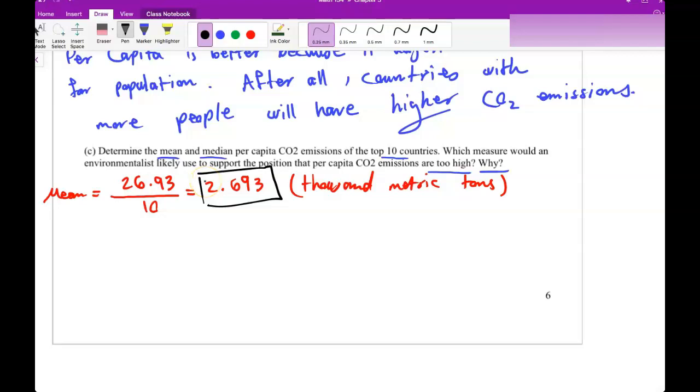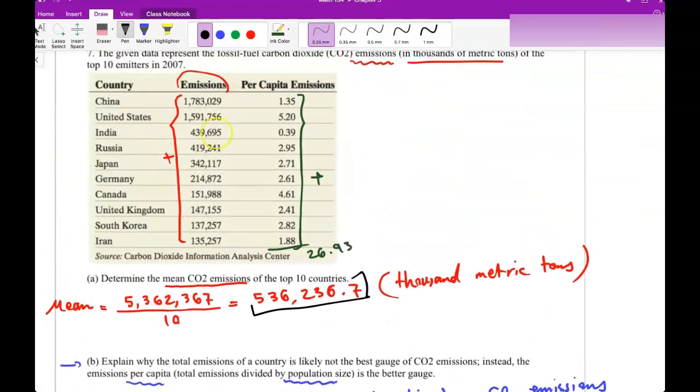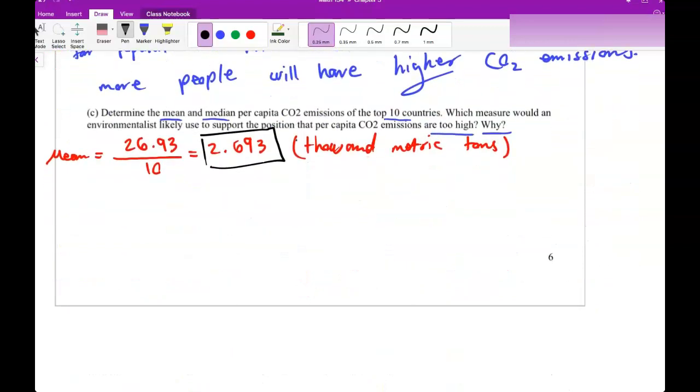Then after that, finding median. So we should write all these numbers in ascending order because these are not in order. Starting with 0.39. So the order.